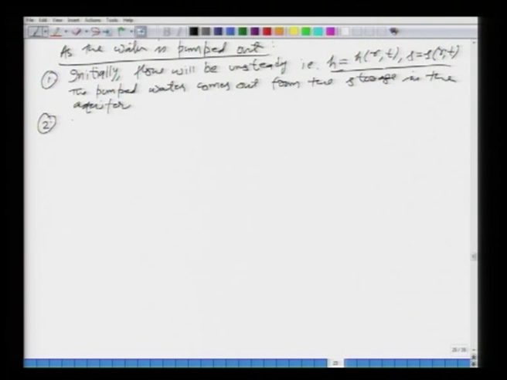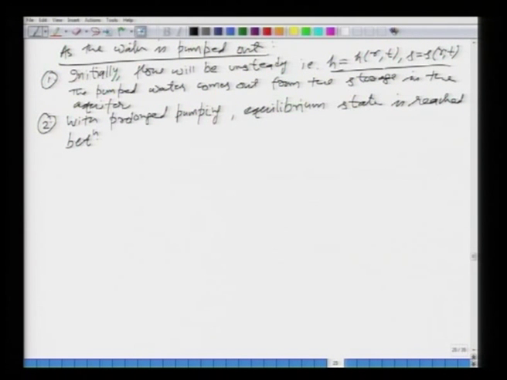Number 2, with prolonged pumping, if you continue the pumping at the same rate Q, equilibrium state is reached.